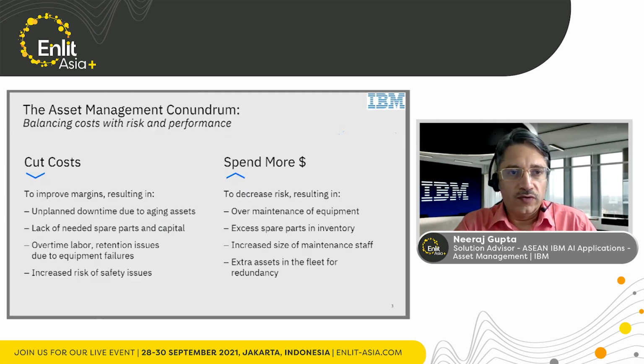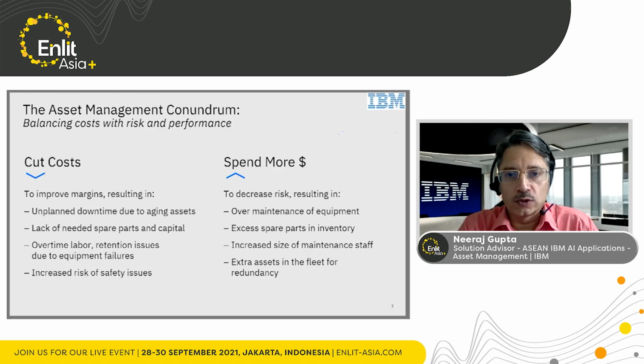When we look slightly deeper, these are the challenges we typically see in asset management. The real challenge is balancing the cost, minimizing the maintenance budget, while still not compromising on the risk or the performance of the asset. When we try to cut down the cost, the unplanned downtime may increase, and sometimes we are at the verge of increasing risk or other safety issues with those assets.